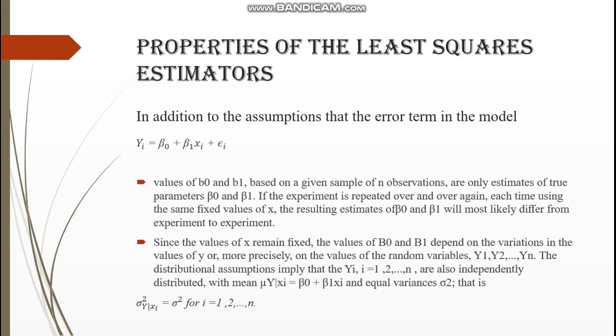The distributional assumption implies that yi, where i equals 1, 2, up to n, are also independently distributed, with mean given by this formula and equal variance sigma squared given by this formula, where i equals 1 until n.